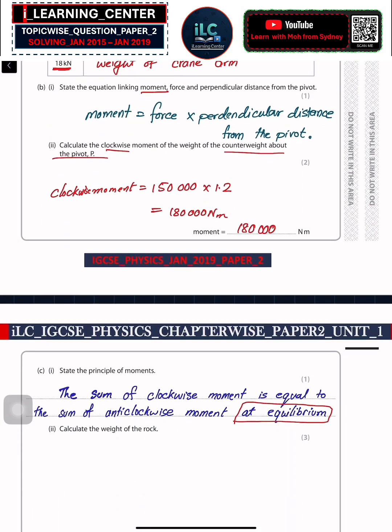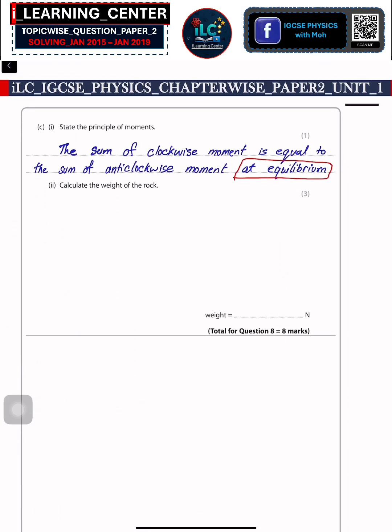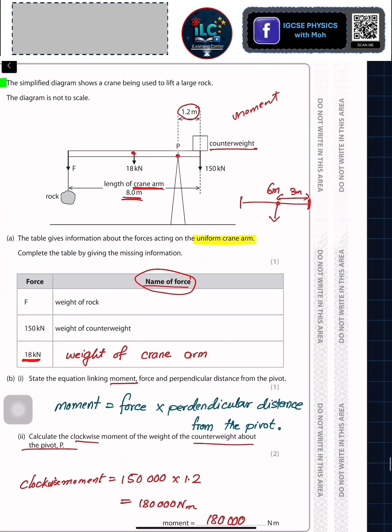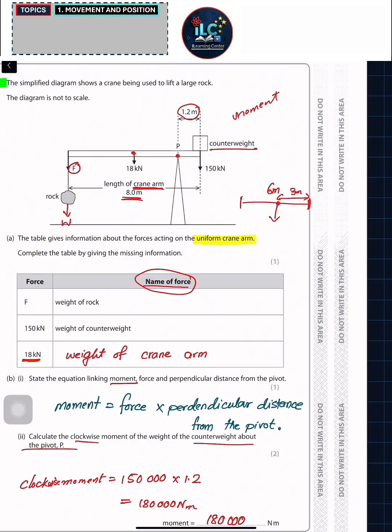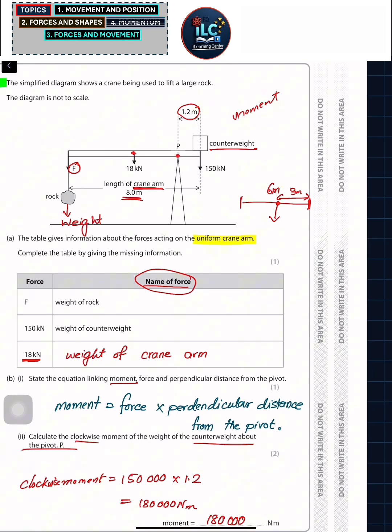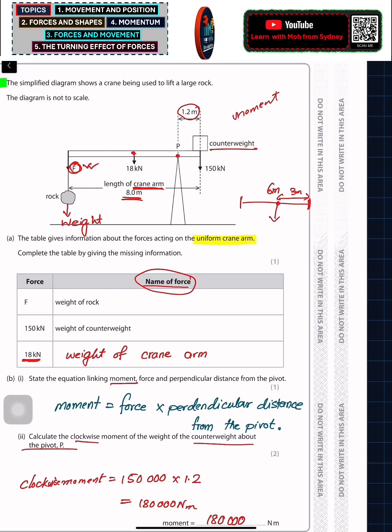The next question says calculate the weight of the rock. We are trying to find the weight of the rock, which is this one here. They have labeled this force as W, but we will use the letter F here. Now, a few distances need to be found before we proceed.